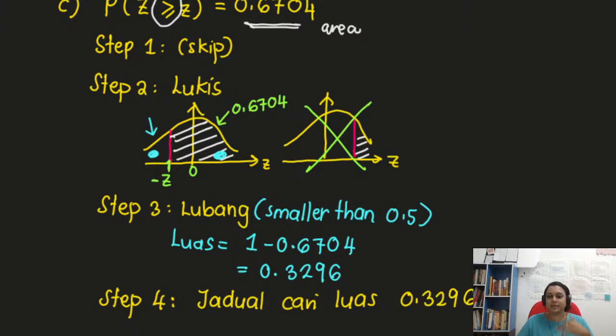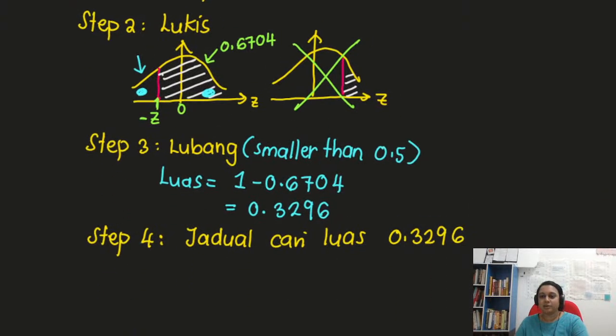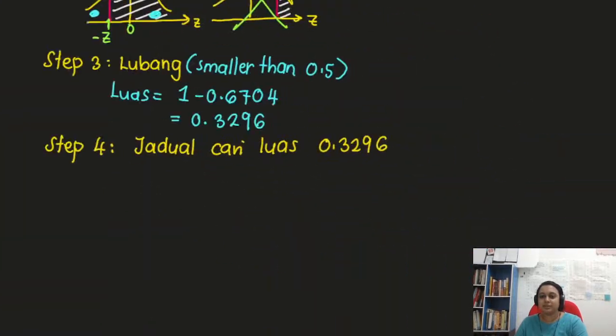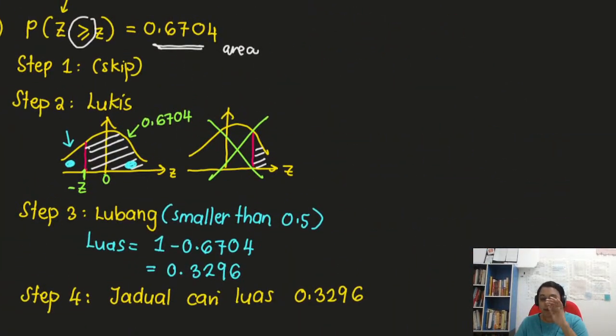So step 4, go to the jadual, pergi ke jadual, cari luas, find the area 0.3296. Pergi ke jadual, okay, go to your table, cari 0.3296. That's what you must do. Go to the table, find 0.3296.